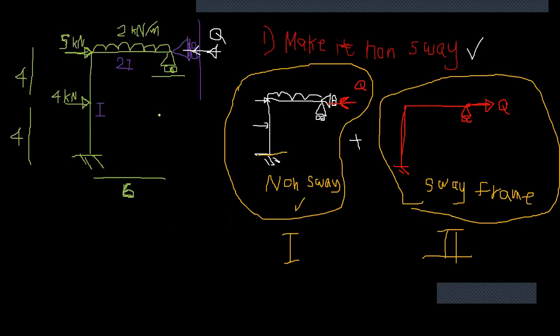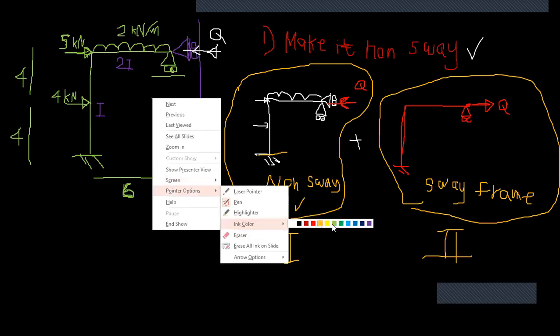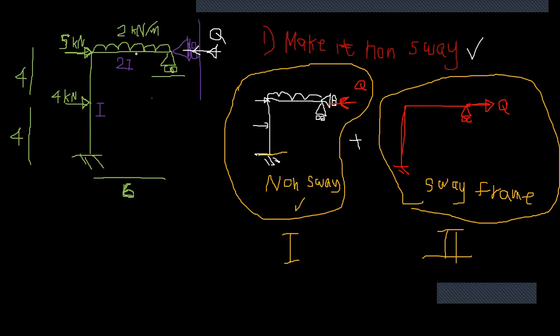So for the first condition, I need to consider what the stiffness of this is. In the moment distribution video, I'll explain everything. Very precisely, here it is discontinuous, because you have only one member connected.